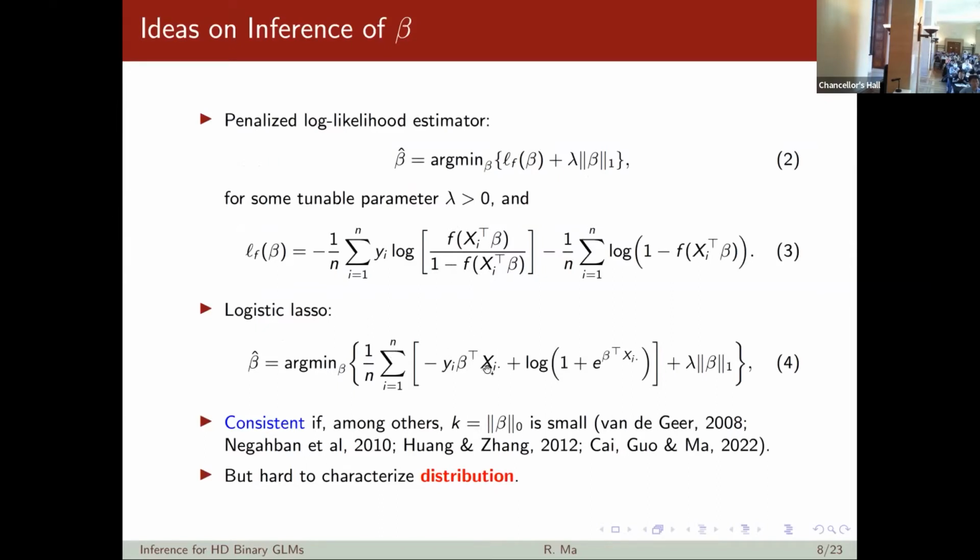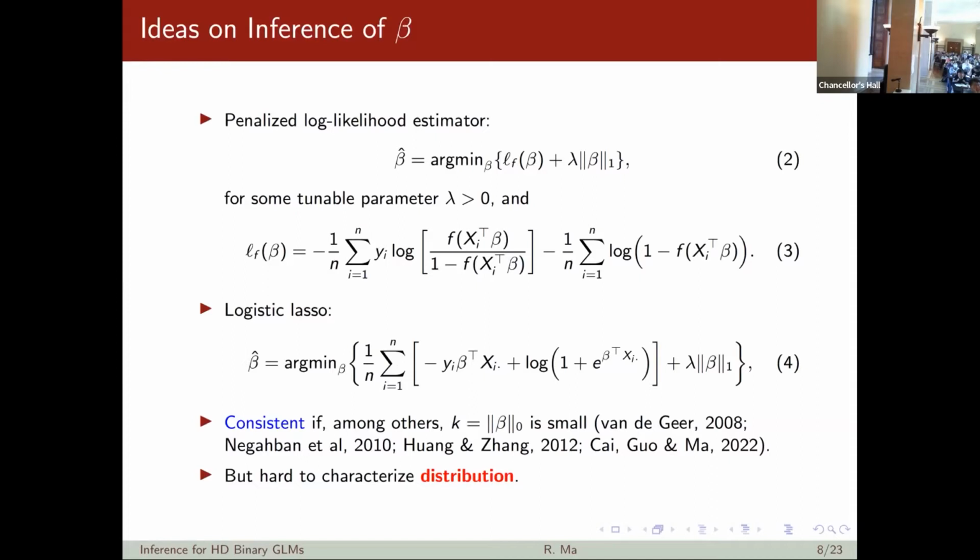For example, when f is the expit function, this penalized log likelihood estimator takes the form of the now well-understood logistic lasso estimator. The statistical property of this beta hat has been extensively studied over the past 1 or 2 decades, and people have shown its consistency and rate of convergence and so forth.